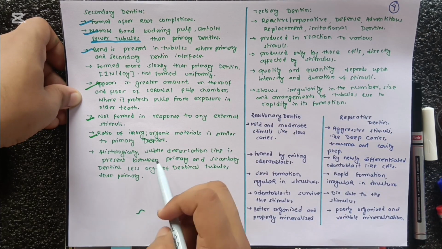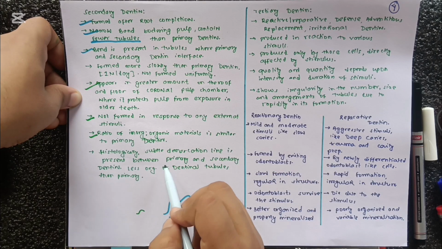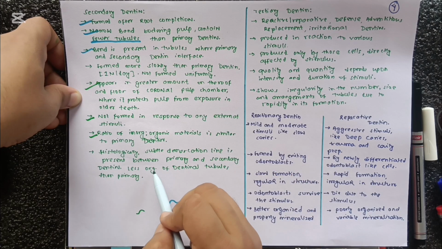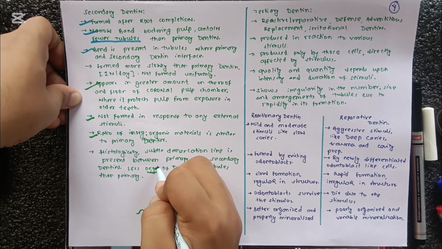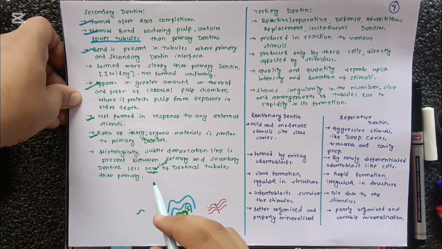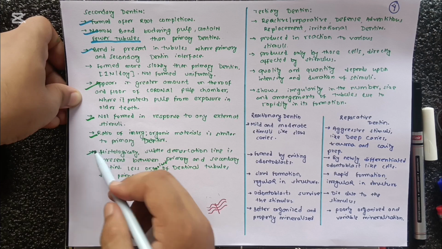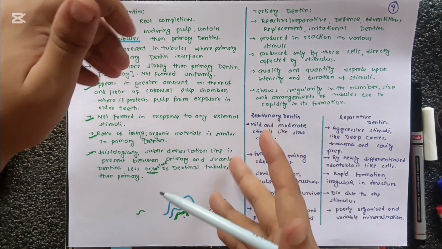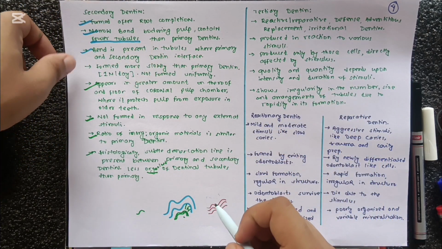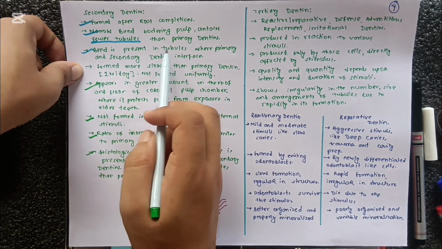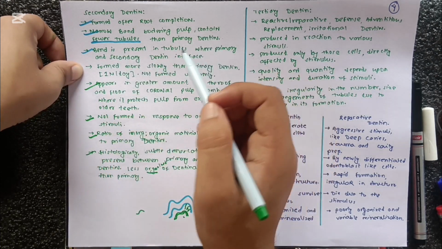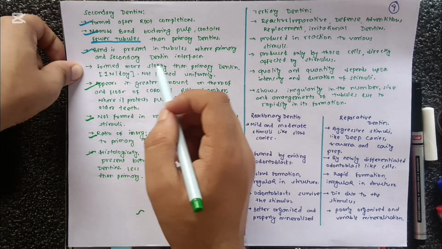After that, histologically, a subtle demarcation line is present between the primary and the secondary dentin, and the dental tubules are less organized than in the primary dentin. As I have told, there is a presence of a bend in the tubules where the primary and the secondary dentin interface.